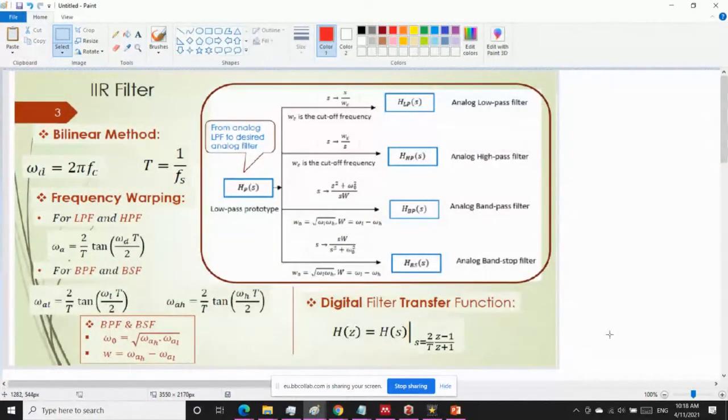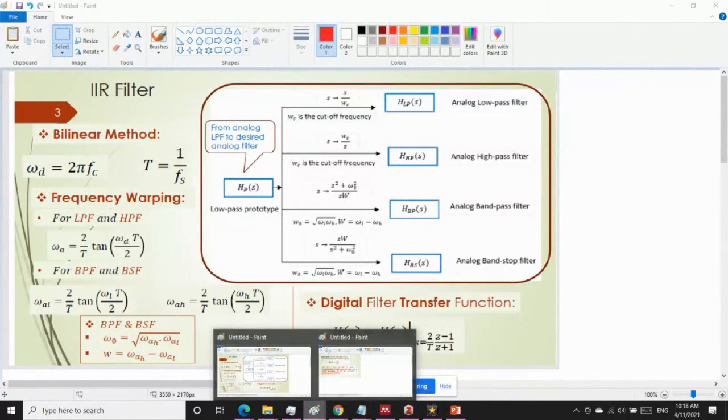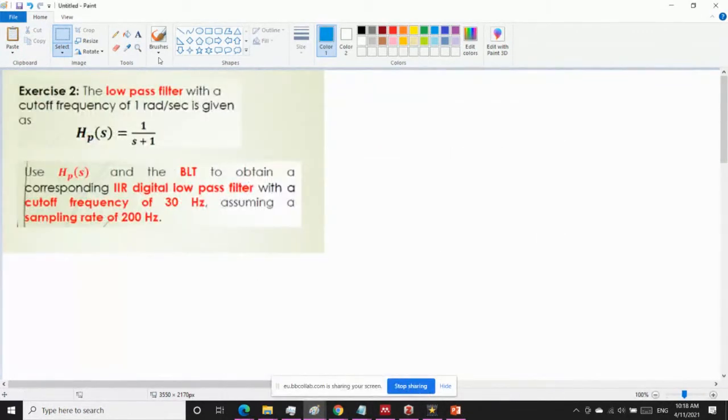So the first step is to find the digital cutoff frequency, because here he gave us the digital one. Let's call it omega d.